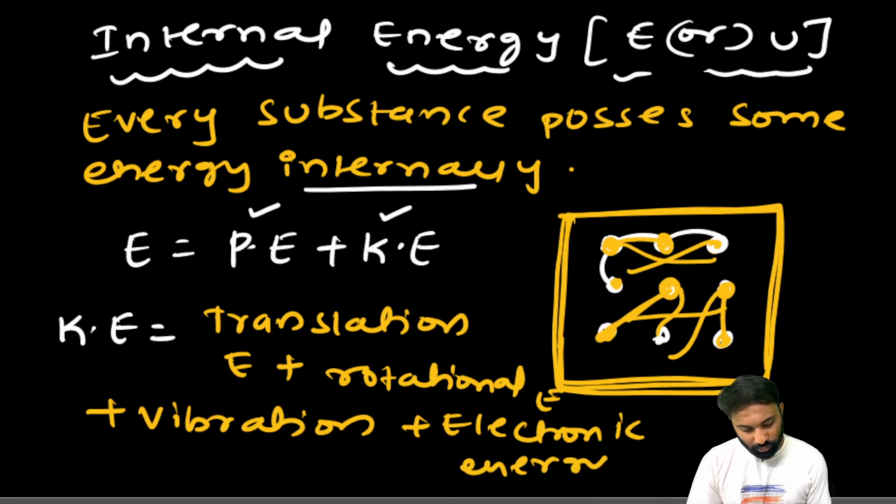Through these types of energies, the gas particles change through kinetic energy and through potential energy. That's the reason the system has energy internally. I hope it is clear how every system gets internal energy, due to the movement of the potential energy as well as the kinetic energy.